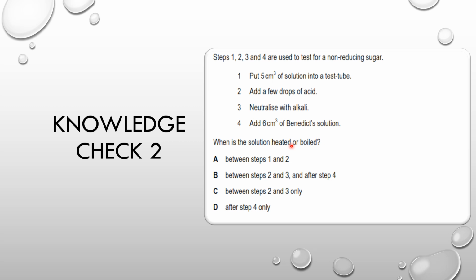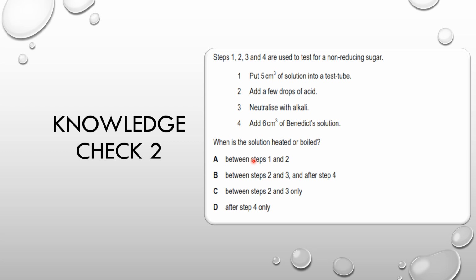Okay, so when is it heated? By the time you add this test solution into the test tube and then put the acid, you have to heat. So after step 2 you heat, so between 2 and 3 you have to heat. Then when you neutralize and add Benedict solution, okay, you have to heat again.